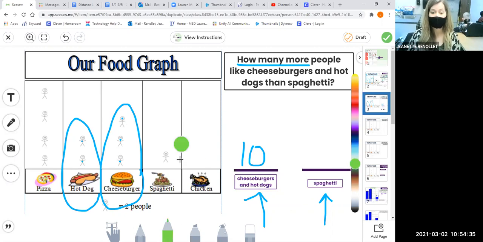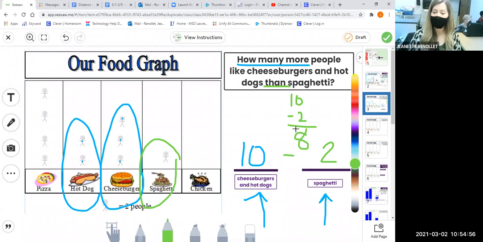Find spaghetti next. 2 people like spaghetti. Our question says how many more and than. That means we can subtract to find the difference. 10 minus 2, you get a difference of 8. So how many more people? 8 more people. 8 more prefer cheeseburgers and hot dogs.